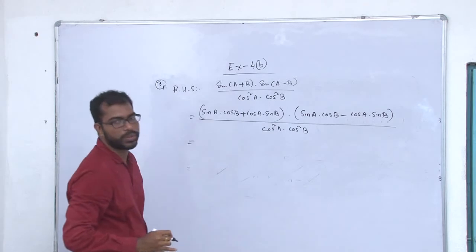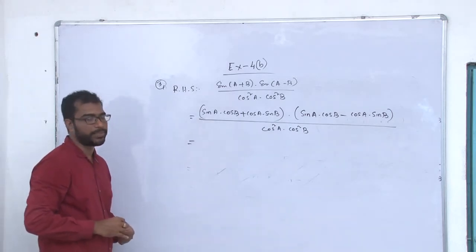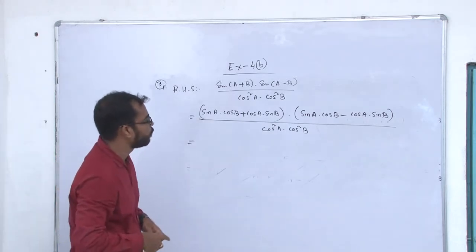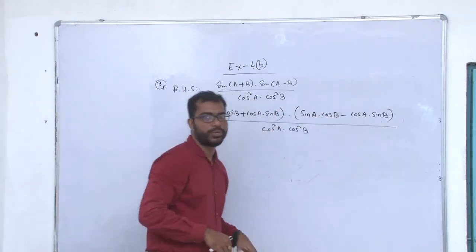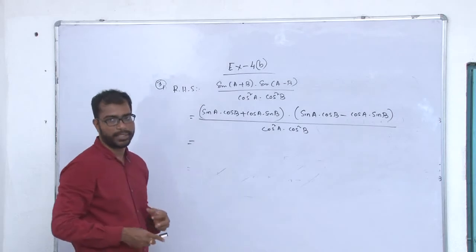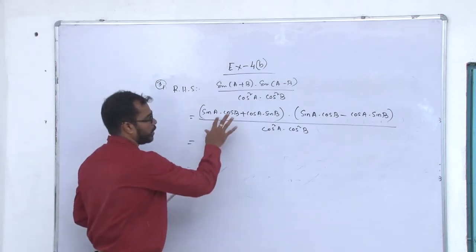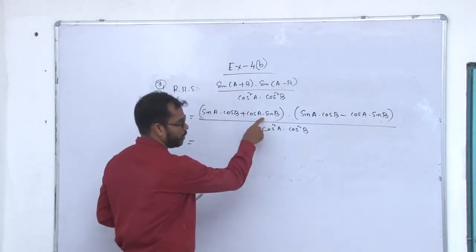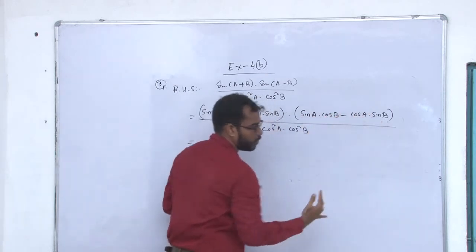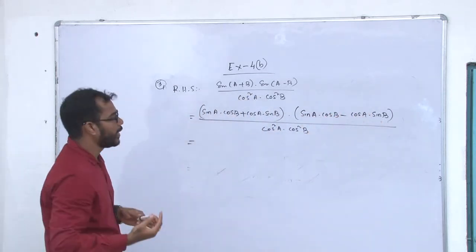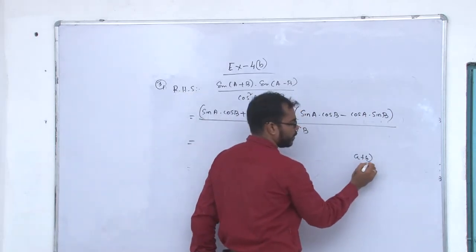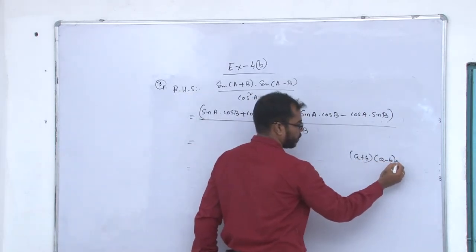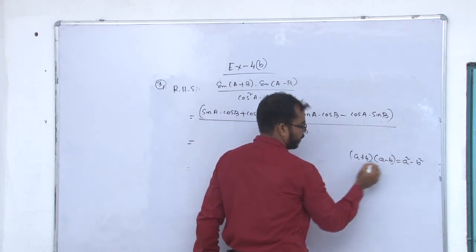Now you can apply the formula (a plus b) into (a minus b). So you can use the formula a square minus b square. Here you can see a plus b, and this is a minus b. If you multiply, you get a square minus b square, as you know, (a plus b) into (a minus b) is equal to a square minus b square.